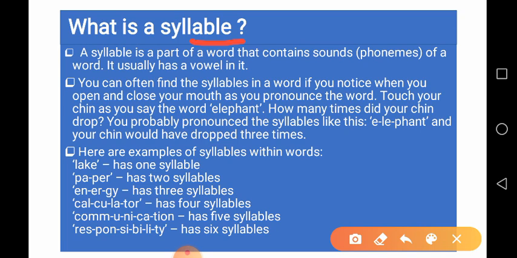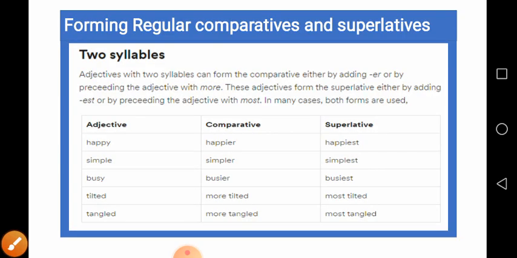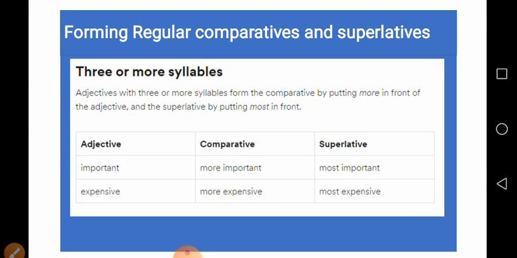But when it is more than 2 syllabic, we do not use er and est; we use more in the comparative and the word most in the superlative degree. So, we need to know the syllables: one syllabic words have only one sound, then 2 syllabic, and 3 or more syllabic.